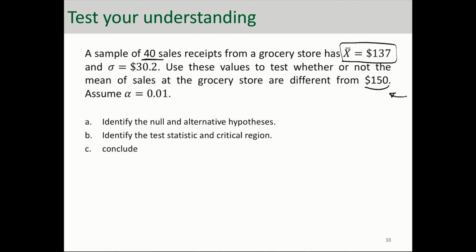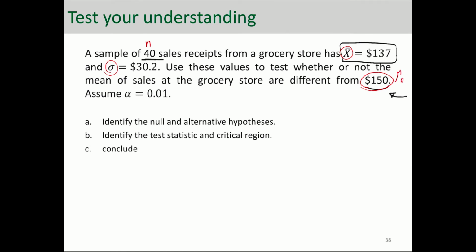So what we need to do is to start formulating our hypothesis test and recognize what the given information is. This is n, our sample size, this is X bar. Sigma, or standard deviation of the population, is given to us. And this 150 is essentially our hypothesized value, our mu naught.